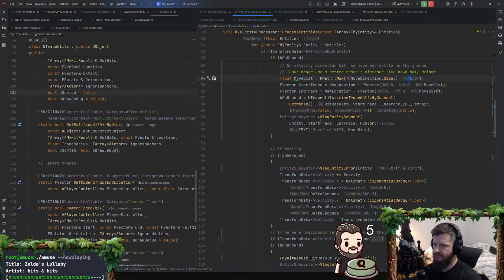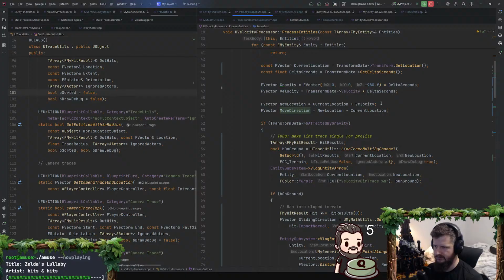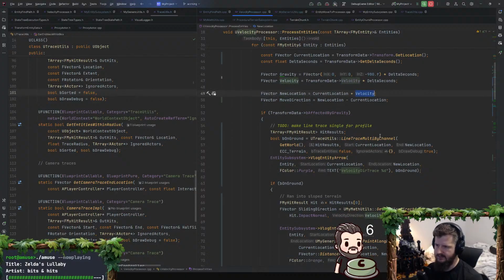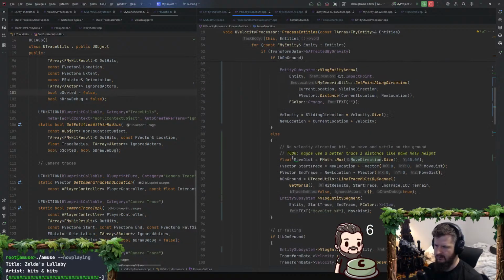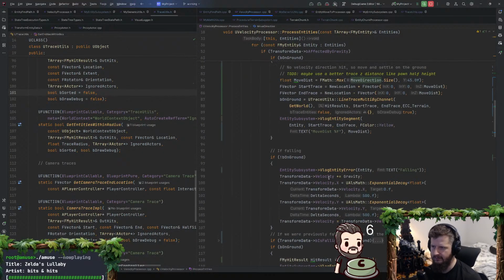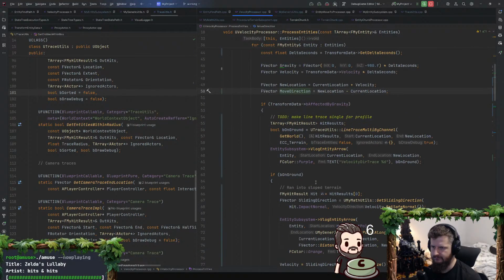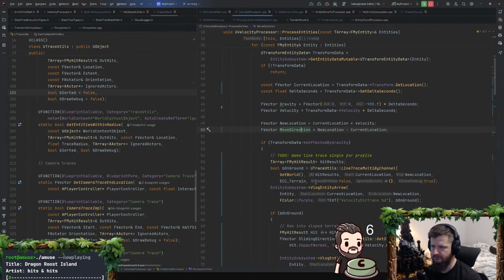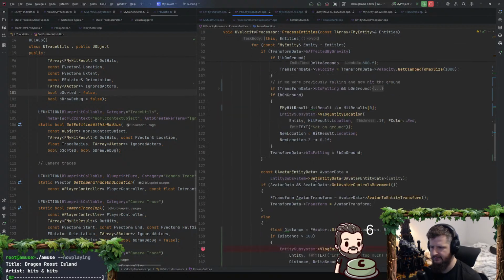Like whatever the larger one is of move direction dot size. What is move direction? I feel like it should just be velocity dot size. Move direction or like move amount. Is move direction dot size like the amount I'm moving? Or maybe I should do an FVector distance.